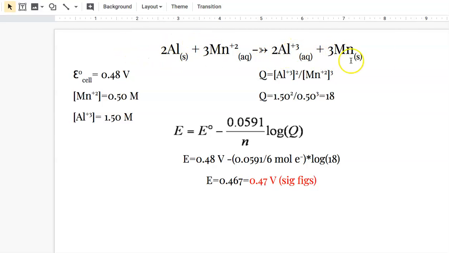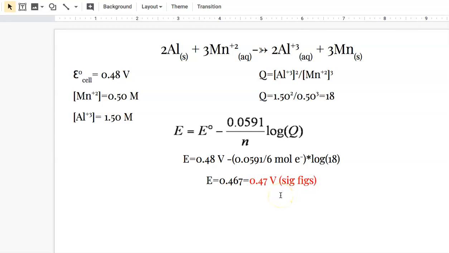So in one whole set of this reaction, 2 moles of aluminum react with 3 moles of Mn, 6 moles of electrons are going to react. So we've got 6 moles of electrons times the log of 18, which gives us 0.467, or to 2 significant figures, 0.47.